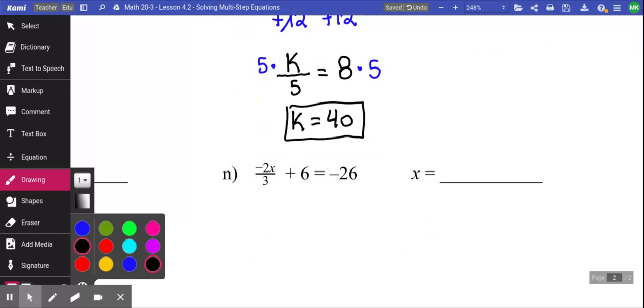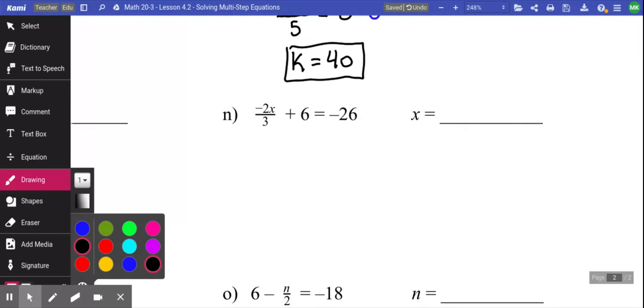The first thing you have to move is that plus 6. You move that by subtracting 6 from both sides. That leaves me with negative 2x over 3 equals negative 32. So I moved something, I rewrote what I had. I then get this weird fraction situation.